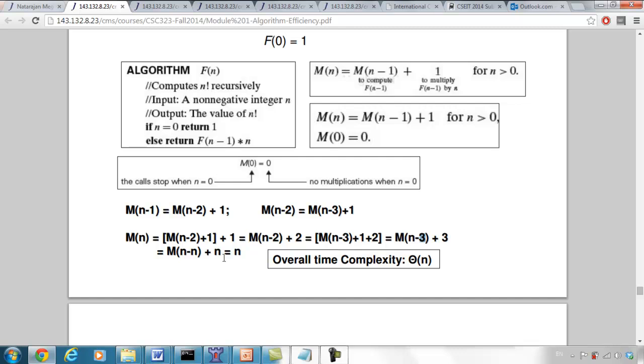It is going to be M of n minus n plus n. Basically induction. And since M of 0 is 0, this is 0 plus n, which is n, and n is theta of n. So I can say M of n is theta of n. The time complexity for the number of multiplications we do is theta of n.